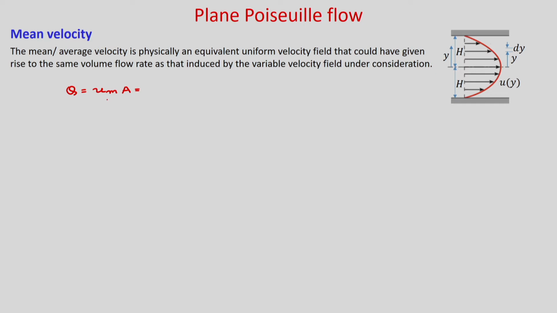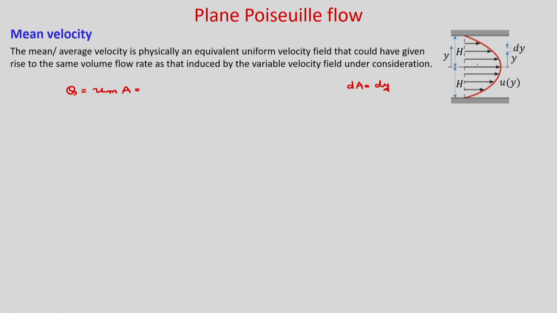where um is the mean velocity. Now, if you take a small elemental flow area at a distance y from the center line of thickness dy, then this flow area will be just dy into the width of the channel.